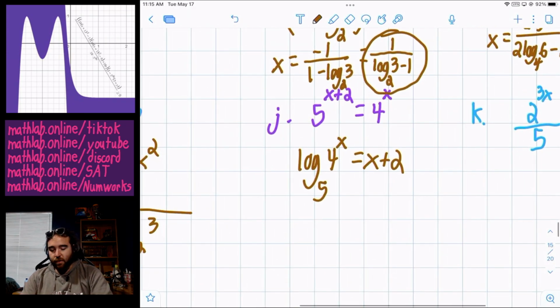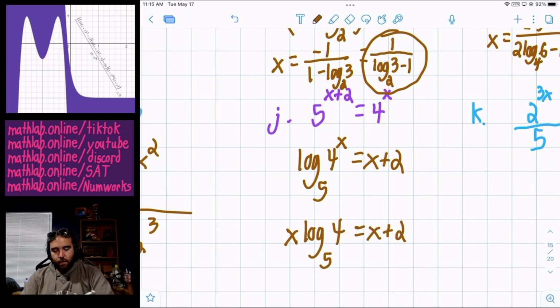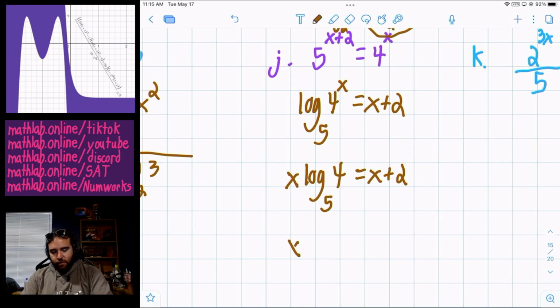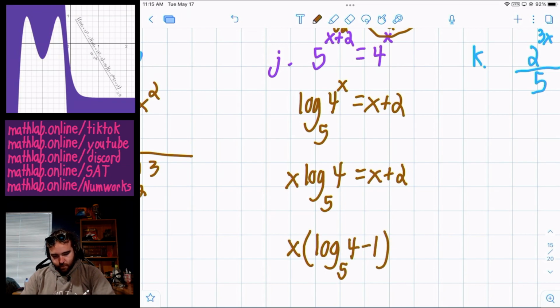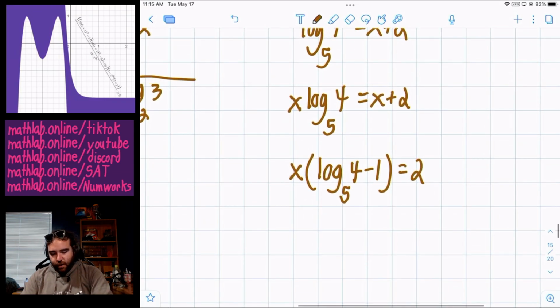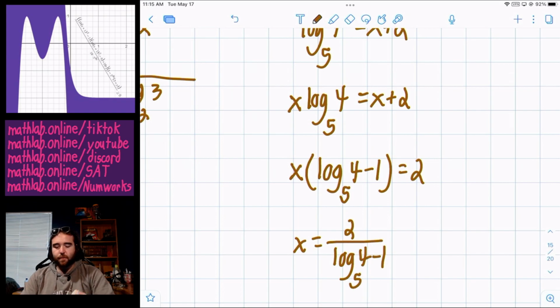And then we're going to bring the x to the front and do the same deal where we get all the things with an x to one side. So subtract the x over. Well, here, that way we can factor out the x. So we get that. And then we can divide. So x is 2 over log base 5 of 4 minus 1.